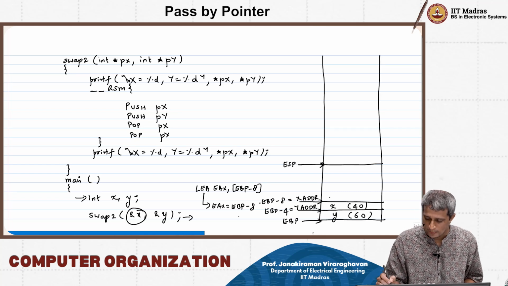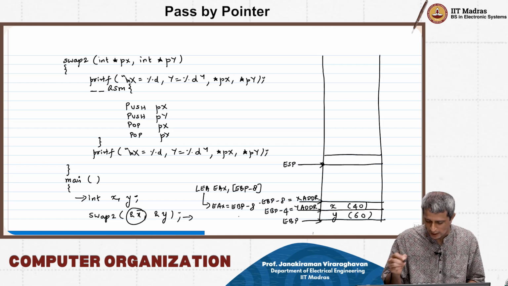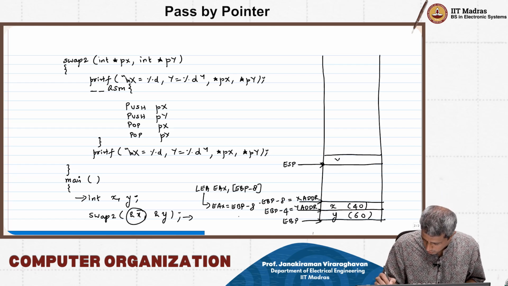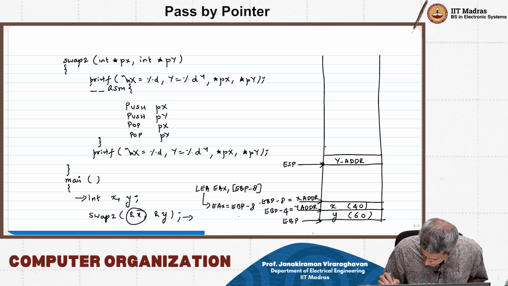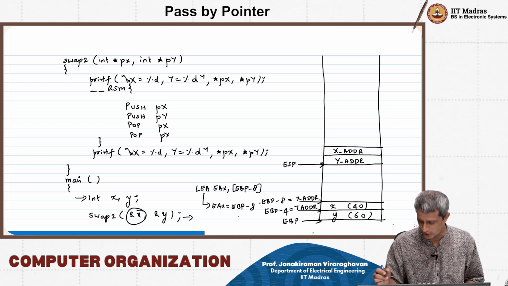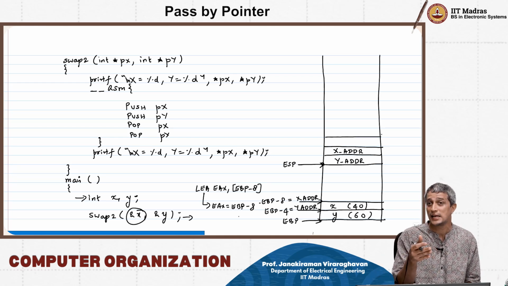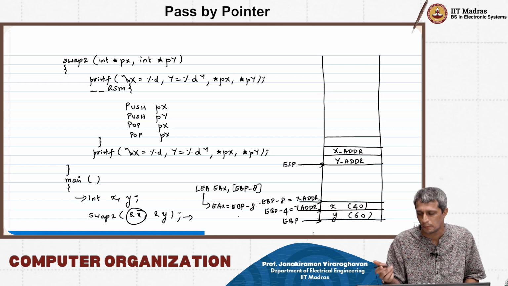So therefore, what will happen is, you will push the Y address first, right? And then you will push the X address here, right? And then you are going to call the swap2 function, and therefore the return address, that is basically the stack cleanup address, add ESP comma 8 will happen, right?